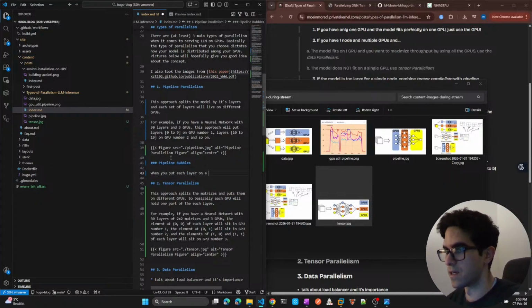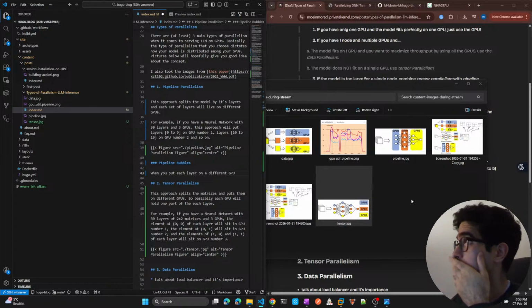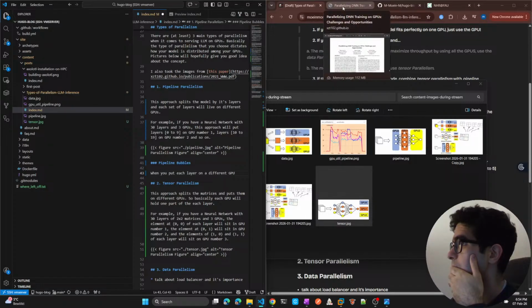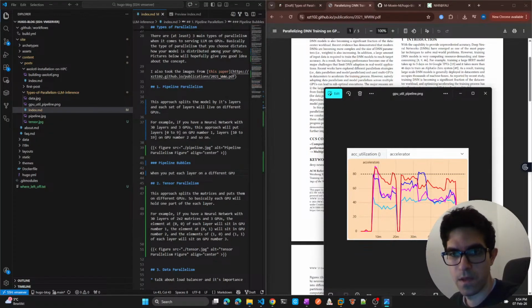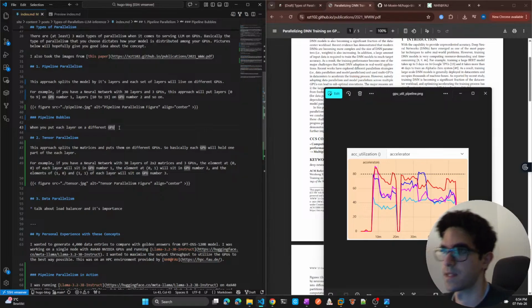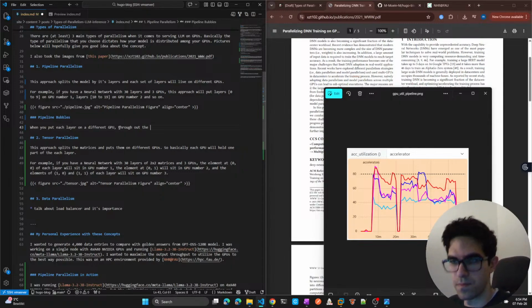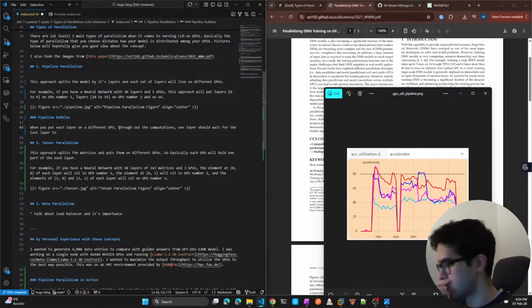When you put each layer on a different GPU, throughout the computations, one layer should wait for the last layer to finish its calculations and pass the data.